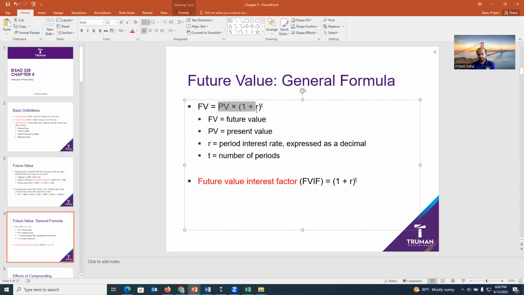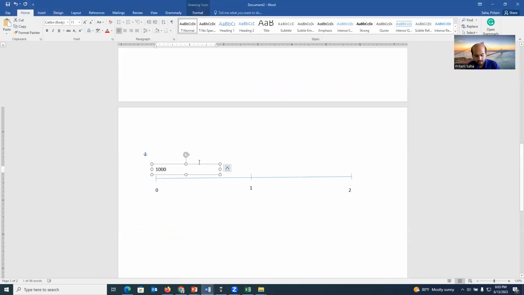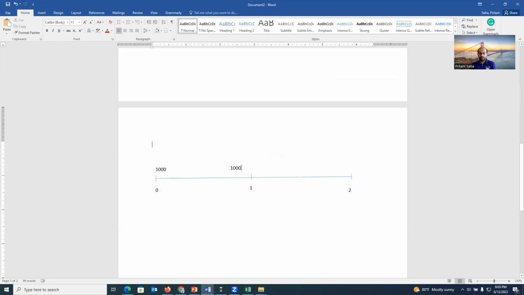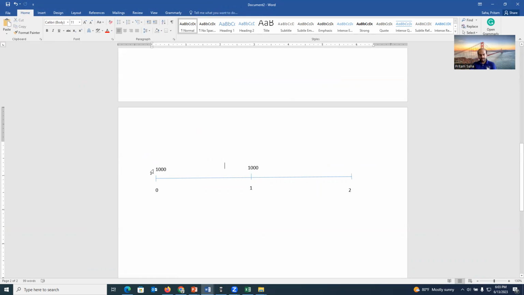This formula, right? What if I'm telling you that you want to invest in a project that's going to give you a cash flow of 1,000 today, and another cash flow of 1,000 at the end of year 1, what is the future value?